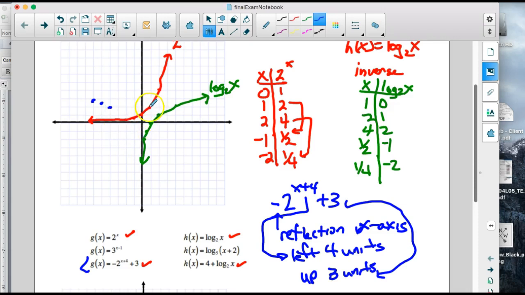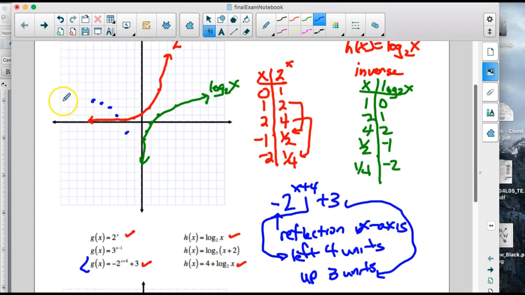Then this point here would be reflected to 2 below the axis. Then we'd move it 1, 2, 3, 4, and then up 1, 2, 3, so it would go right here. And then this last point here would reflect to -4, 1, 2, 3, 4, and then move over 4, 1, 2, 3, 4, and then up 3, 1, 2, 3, so it would go through here.